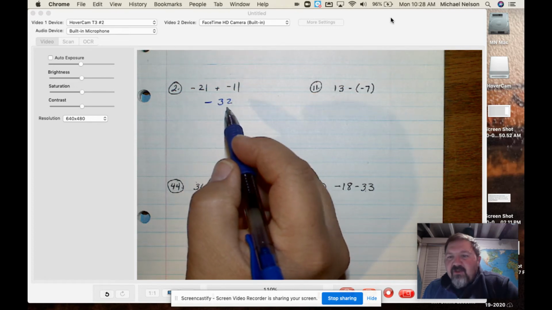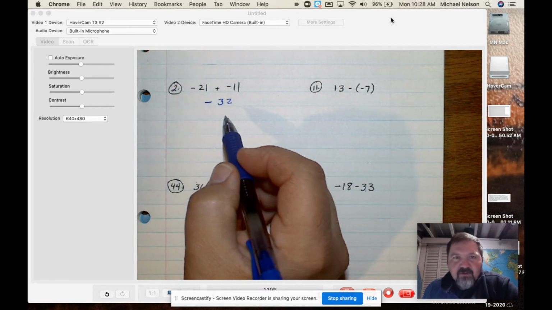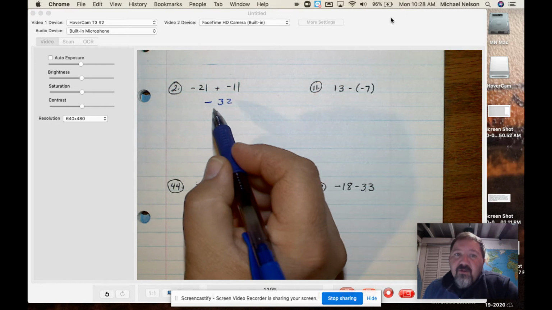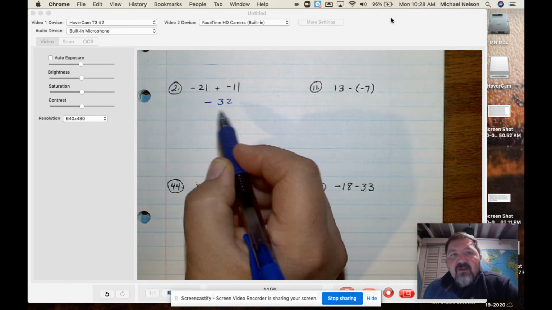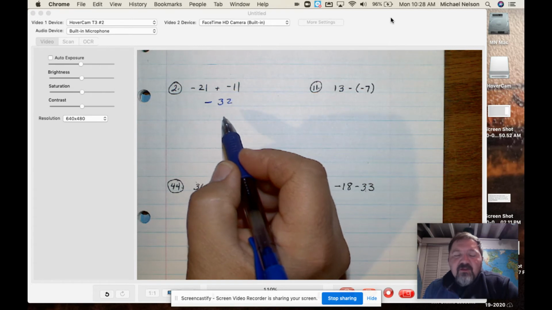If you have $32 in your account, you would just call that $32. You wouldn't say negative $32. But if you owed $32 or you spent $32 more than you had in your account, that would definitely be a negative. And so that's why we use negatives to represent numbers in the real world.